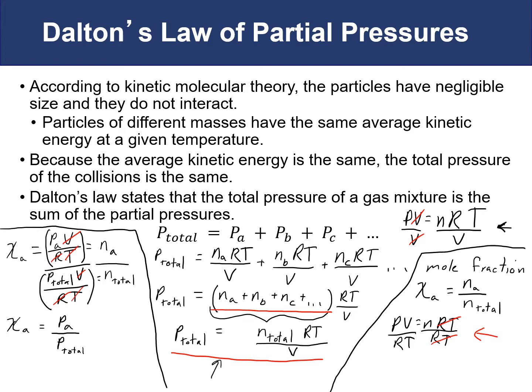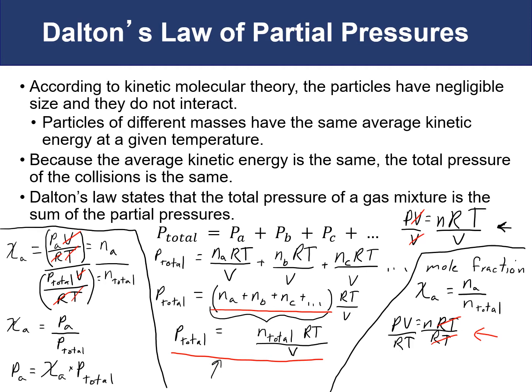We can rearrange this to solve for the pressure of A, and we get the partial pressure of our A component is equal to the mole fraction of the A component times the total pressure of the gas.